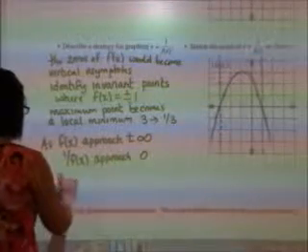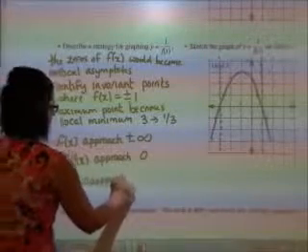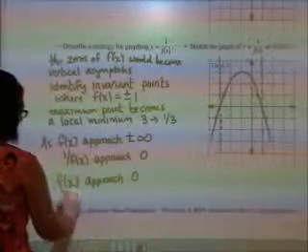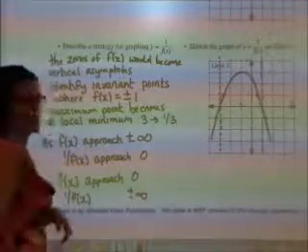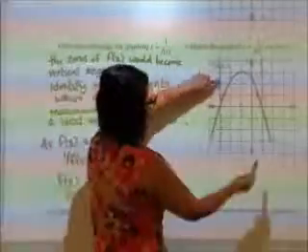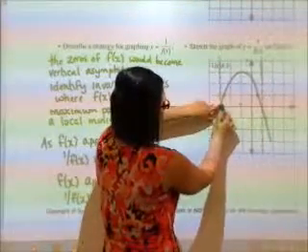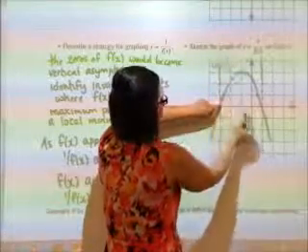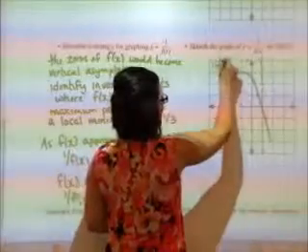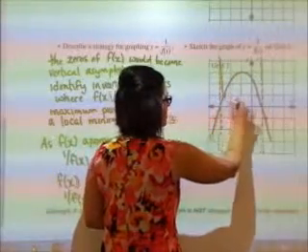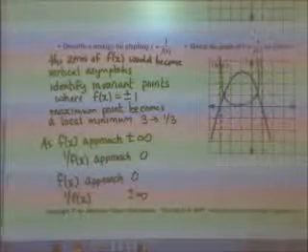So as f of x approaches 0, 1 over f of x approaches positive and negative infinity. So in this middle section, this part is small, so the reciprocal would be large. This part is small, reciprocal would be large. So I would get a graph that would kind of go like that in the middle.